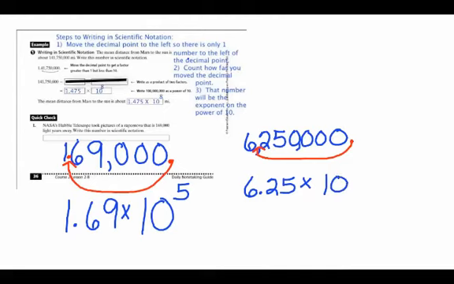So it's in that format. How far did we move the decimal point? We moved it 6 places to the left. So our exponent on our 10 is going to be a 6. So this number in scientific notation is 6.25 times 10 to the 6th.